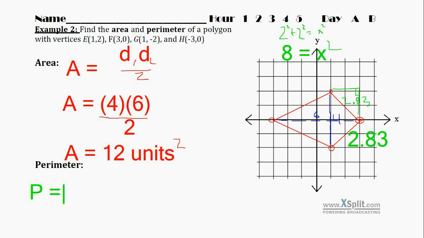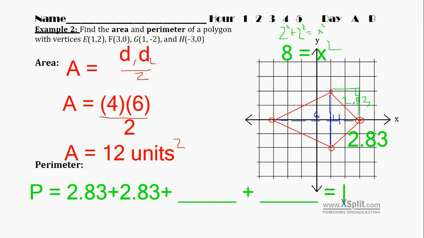That means that our perimeter is equal to 2.83 plus 2.83 plus a couple of sides that we don't know yet. We need to find these last couple of sides. This triangle here is a 2 by 4 triangle.